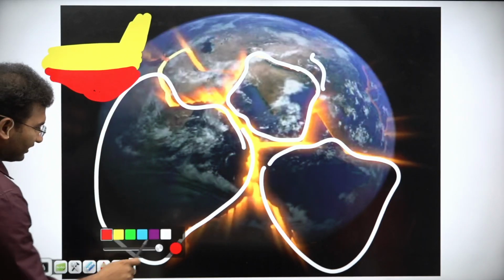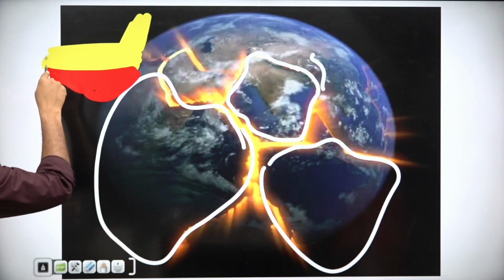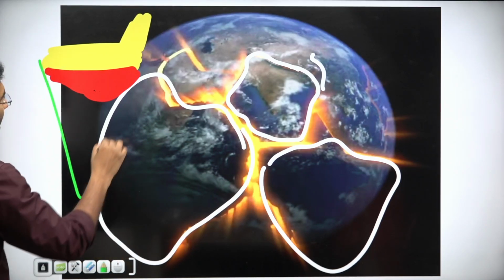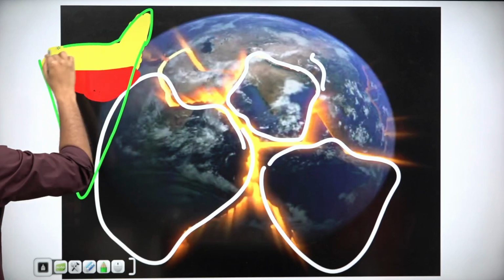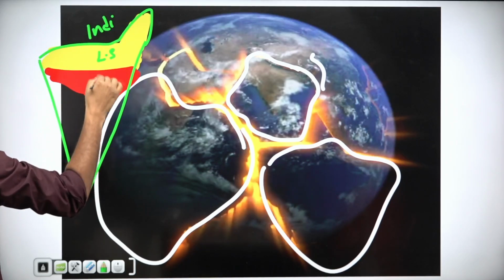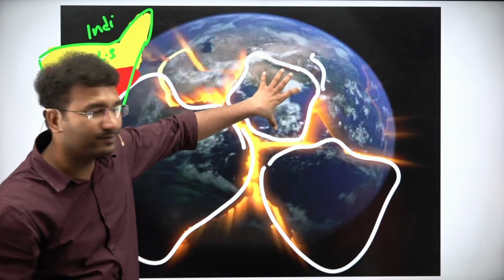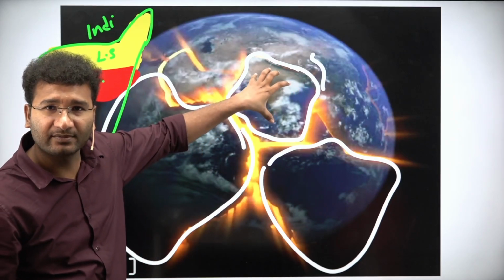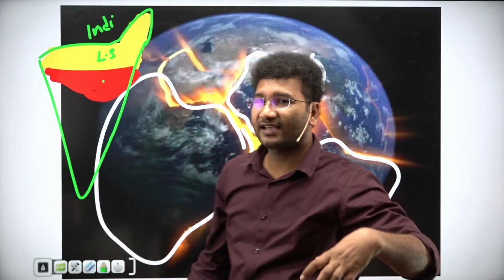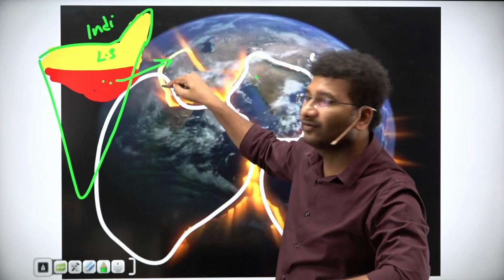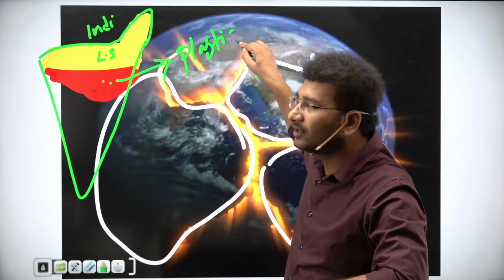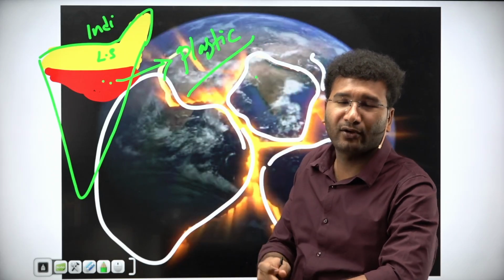As you go into the depths of the interior of the earth, you will realize that this is how it is. Imagine this is India. So this is your lithosphere and this is your asthenosphere. That means this part of the earth is actually floating on the asthenosphere, and this asthenosphere is a layer of plastic type of material, which is molten plastic, neither solid nor liquid.